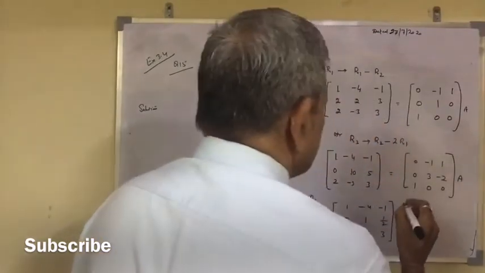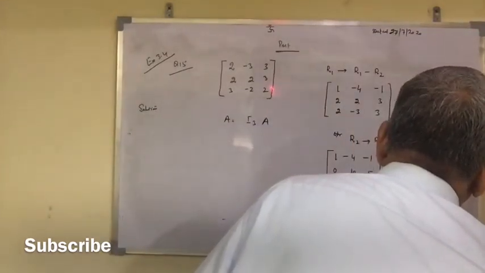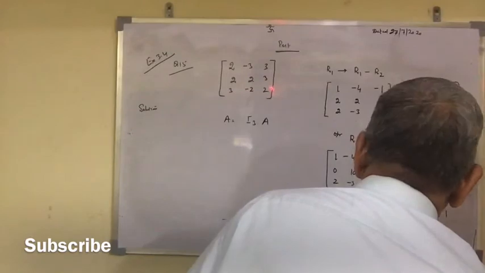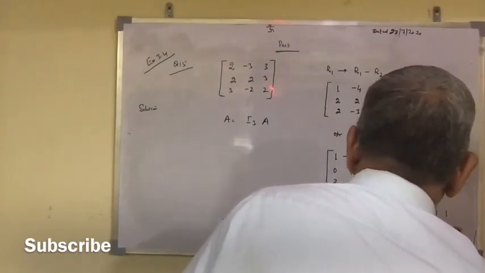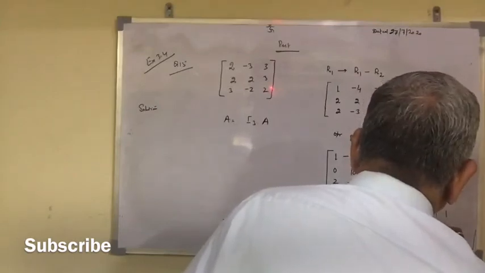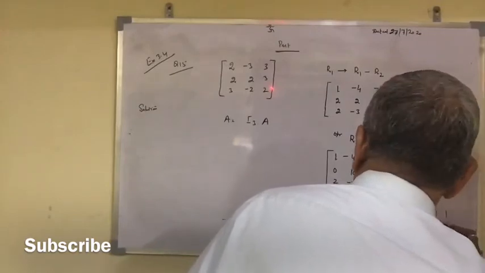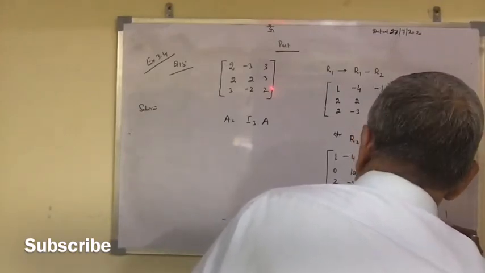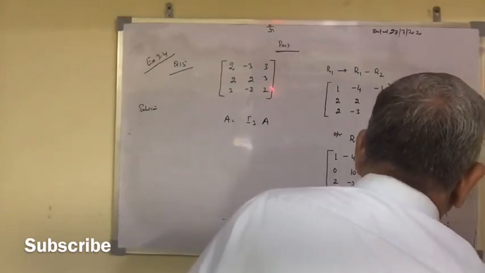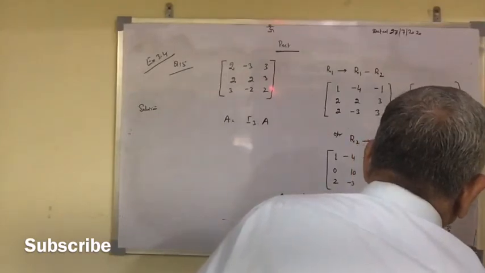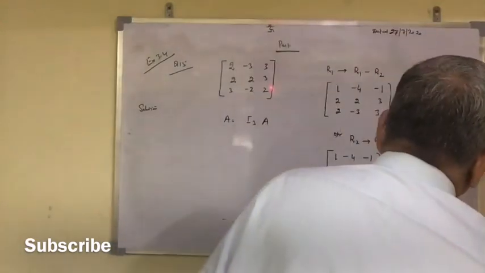And on this side your operation 0 minus 1 1, and this gives you 0, 0 divided by 10, so 0 is there. You have 3 divided by 10, so 3 by 10, and minus 2 divided by 10, so it will be minus 1 by 5, and here is 1 0 0. So this operation you are getting here, and this is your A.